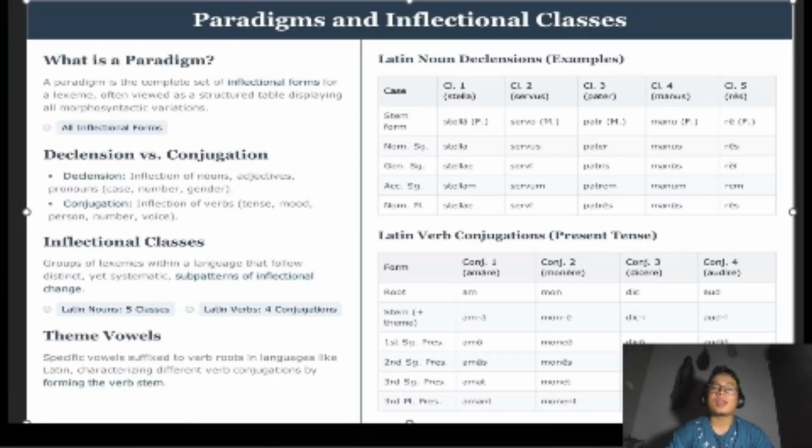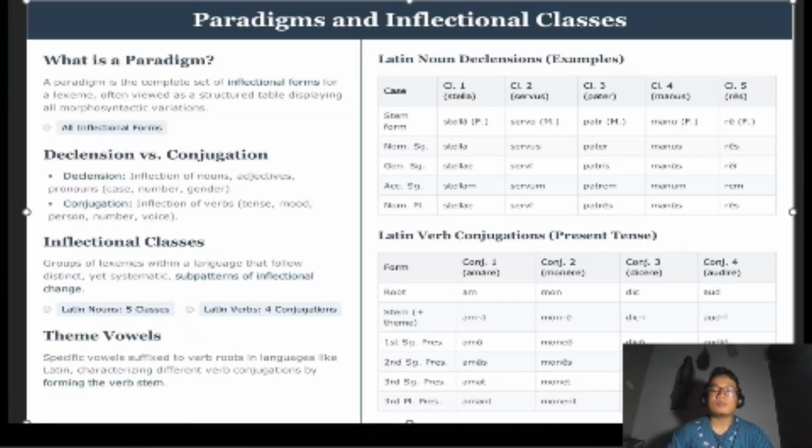Think of it as a table that shows every possible grammatical form of a word. For example, earlier in the chapter, we saw four paradigms for Old English nouns and verbs, complete with number, case, tense, and person distinctions. That whole set of forms is a paradigm.